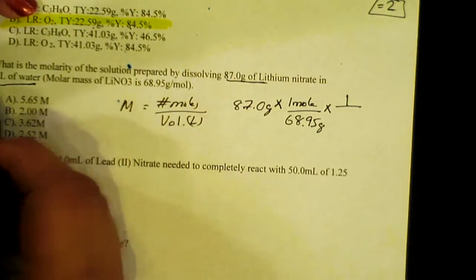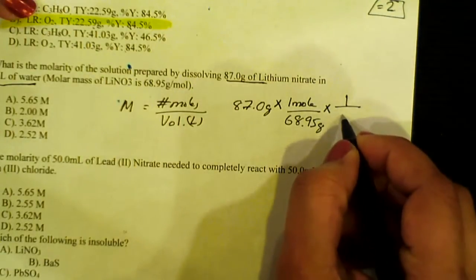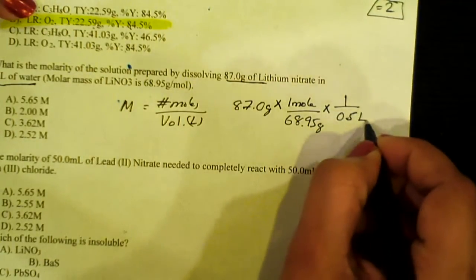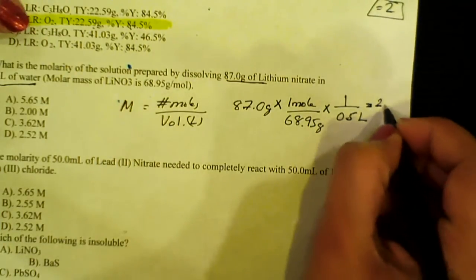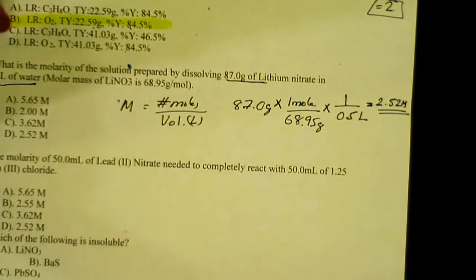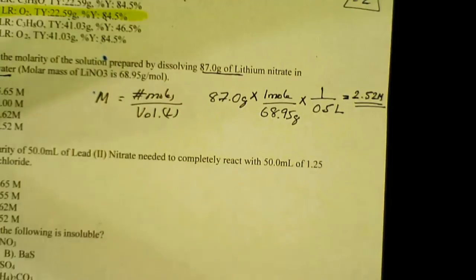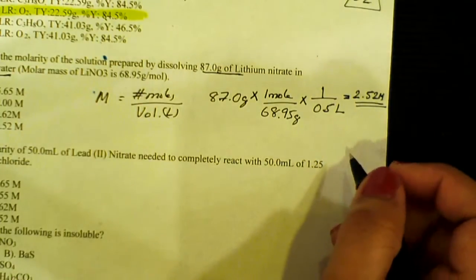87.0 grams times, molar mass is 68.95 grams, so 1 mole over 68.95 grams. Then you have to divide the number of moles with the volume, which is same as multiplying with the reciprocal, and the volume must be in liters. 1000 milliliter will be equal to 1 liter, so 500 milliliter is 0.5 liter.